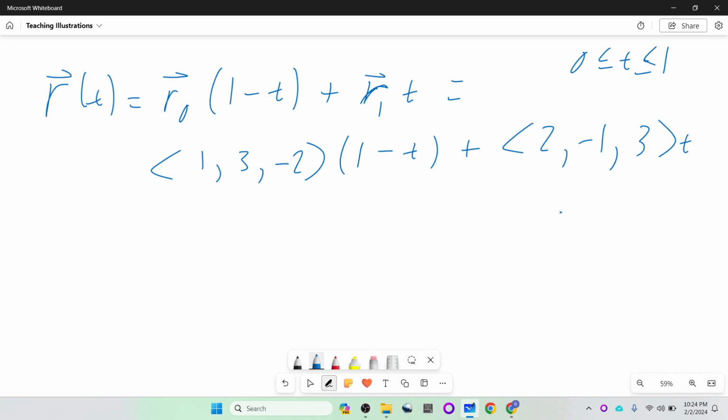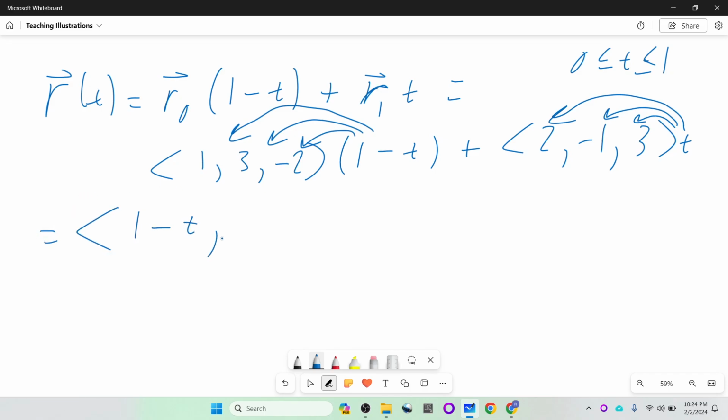Well, this is not really a vector function. This is written as 2 separate vector pieces. So let's distribute. We get 1 minus t, 3 minus 3t, and negative 2 plus 2t, plus 2t, negative t, 3t.